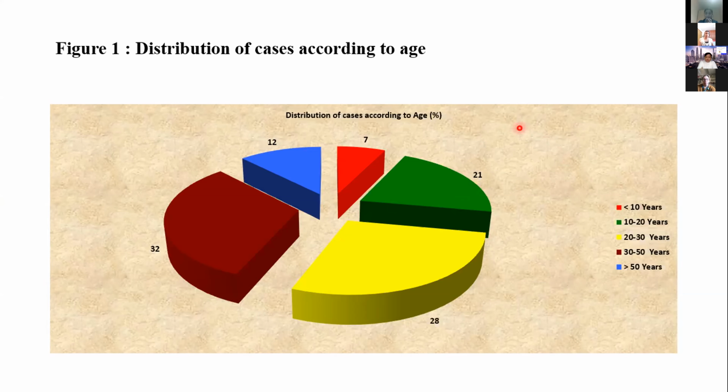It was found in my study, as well as in other studies in the literature, that tubercular lymphadenitis can affect people of any age, from small children to adults. My study showed a slight late age predisposition.